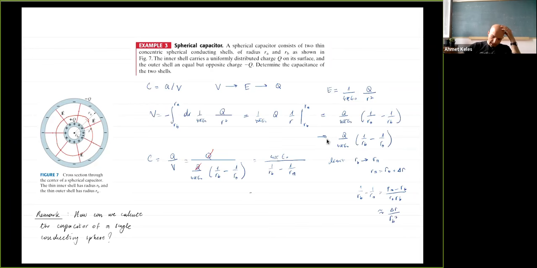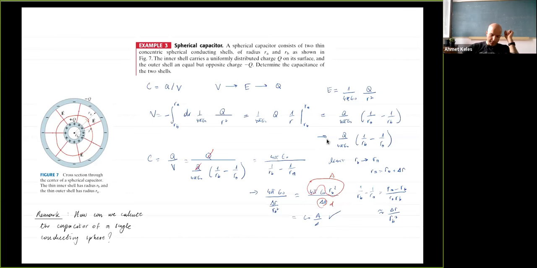And if I put this in, C will go to 4 pi epsilon naught divided by delta R over RB squared, which is equal to 4 pi epsilon naught RB squared divided by delta R. And again, I can see that this thing is area, this thing is D, so I have the usual form, epsilon naught A over D, with checks, okay?